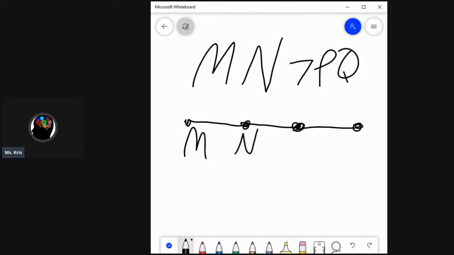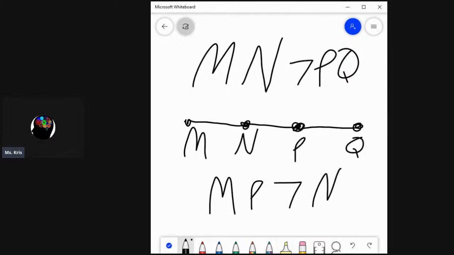You have M, N, P, and Q. So your given is MN is greater than PQ. You have to prove that MP is greater than NQ.